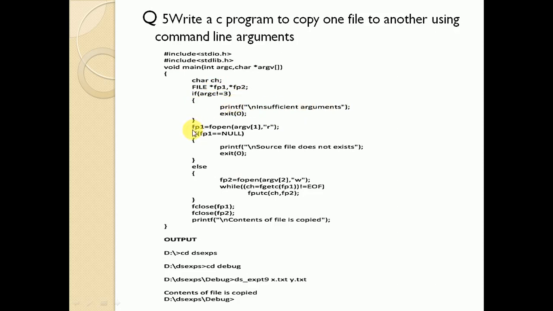Then come out from the loop. Then fp1, that's file pointer 1, opens a file first in reading mode. Then if the file pointer is pointing to NULL, print source file does not exist. Else fp2 opens a file for the writing purpose, where you are copying the content of the first file to the second file.